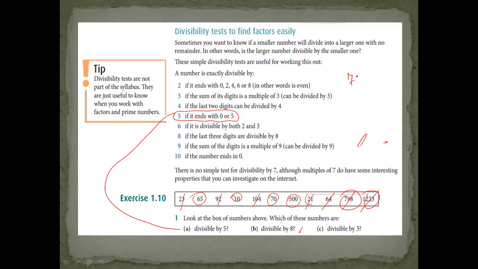If it's 798, the last 3 digits are divisible by 8. 7 plus 9 is 16, plus 8 is 24. Yes, here. 24 is a multiple of 8. That's why it must be divisible by 8. But the answer is 99.75.